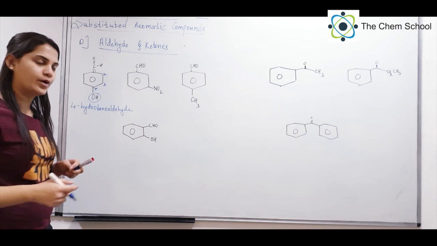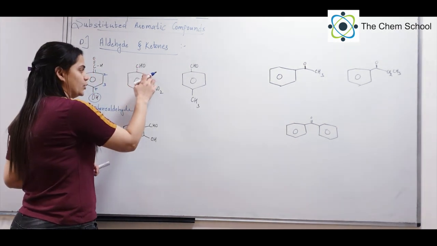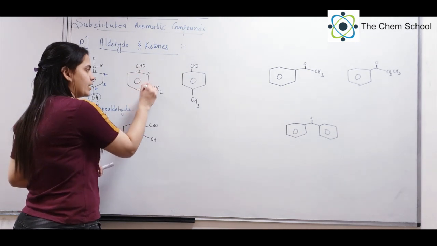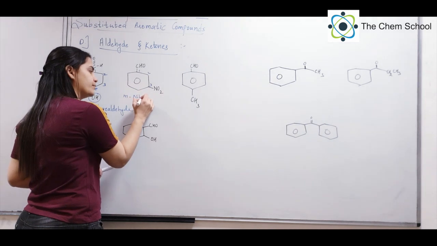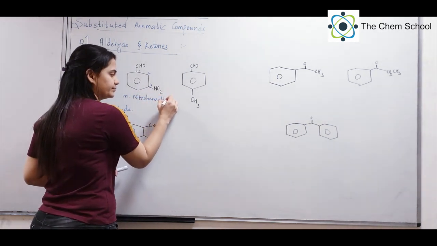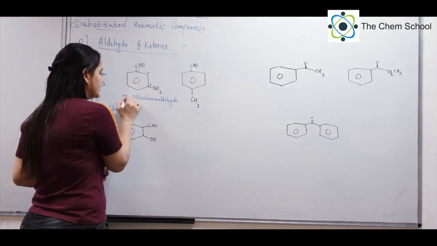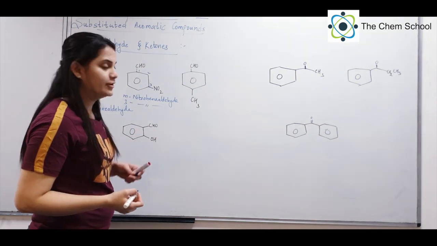Have a look at the next one. In this case, obviously nitro is a substituent. You can see that this is 1, 2 and 3, right? So you can say it is meta-nitrobenzaldehyde, or you can say it is 3-nitrobenzaldehyde.